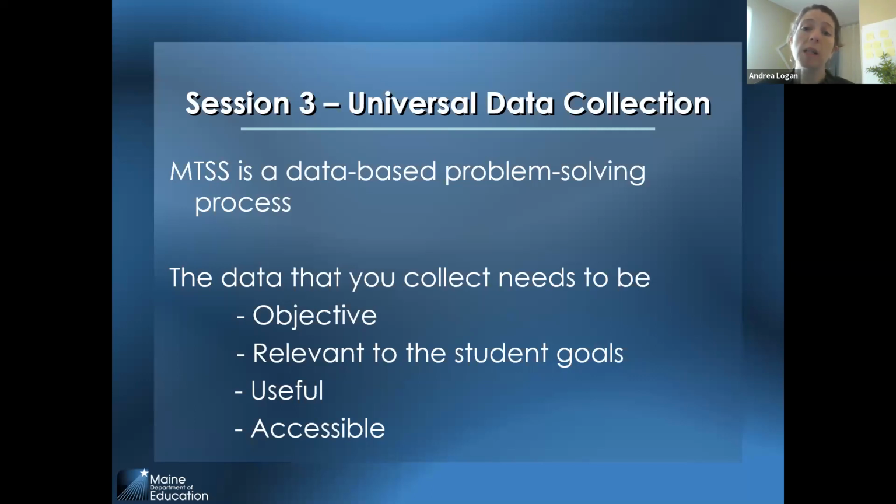But universal data collection has a few caveats that are really important. And these are all good discussion points for you to bring back to your supervisors, to your school administrators, your MTSS team members. Sometimes MTSS teams in schools are known as student support teams or student support networks.